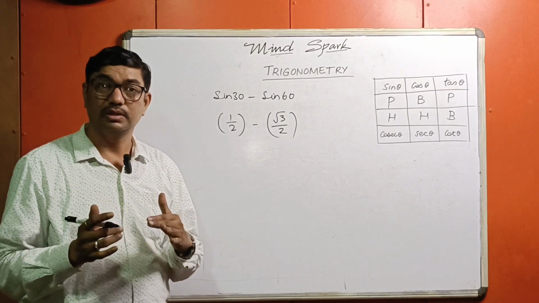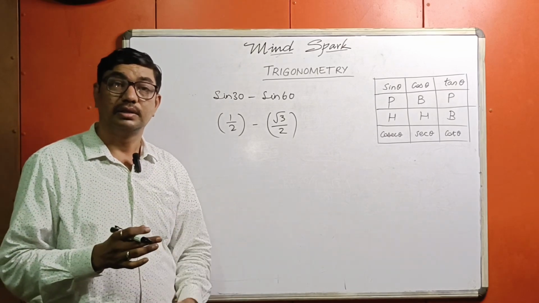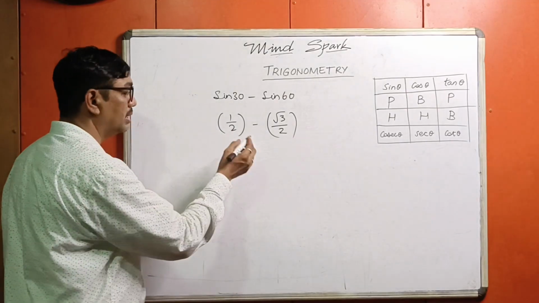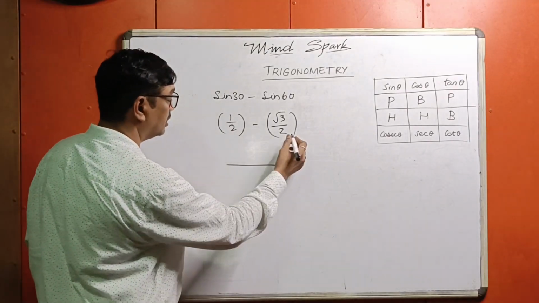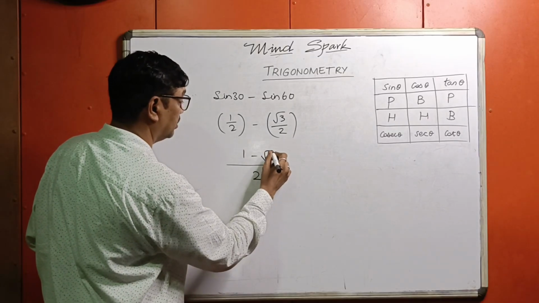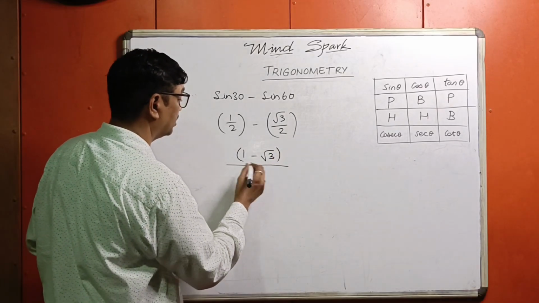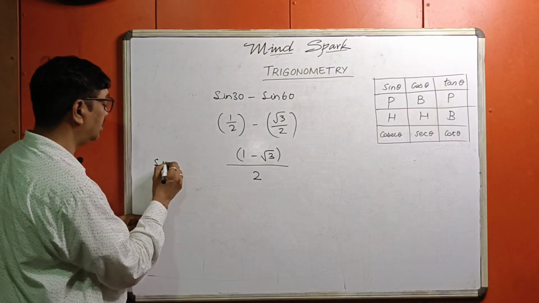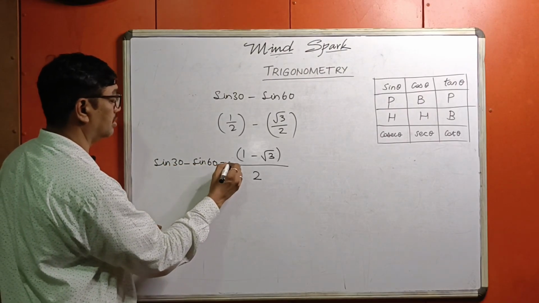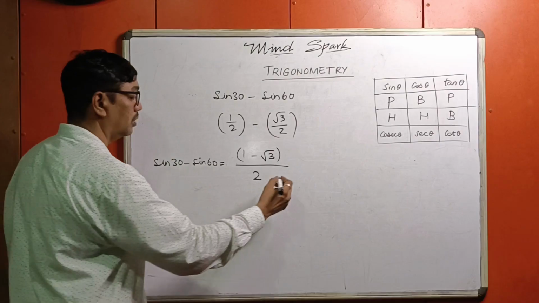The student should be very familiar and comfortable with these operations. When you subtract, also the denominators are the same, so you directly subtract the numerators. This is the value for sine 30 minus sine 60.